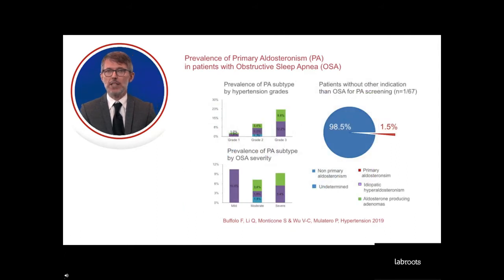However, in most cases, the patient with primary aldosteronism and obstructive sleep apnea would already have another indication for screening, either high blood pressure level or hypokalemia and so on. And so only one patient would have been missed with the current indication of the consensus. So we don't think that obstructive sleep apnea per se is a condition sufficient to indicate the screening in all of these patients.